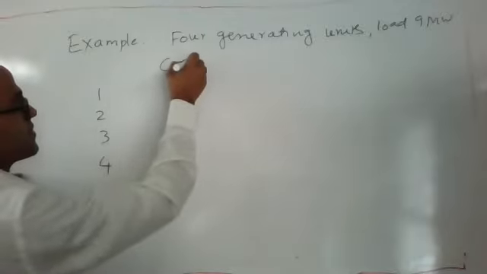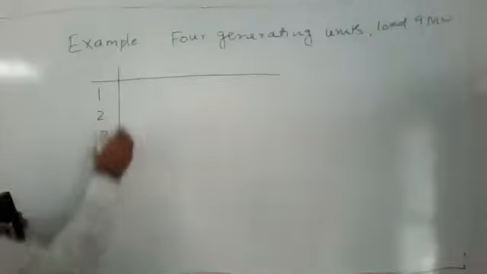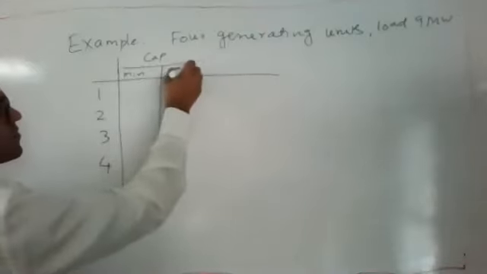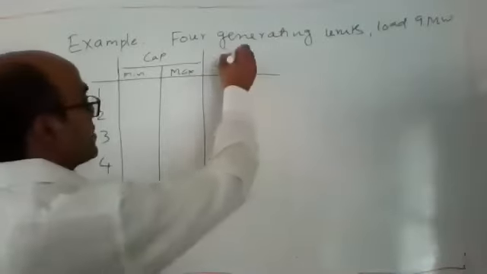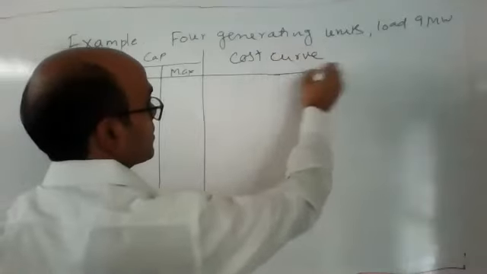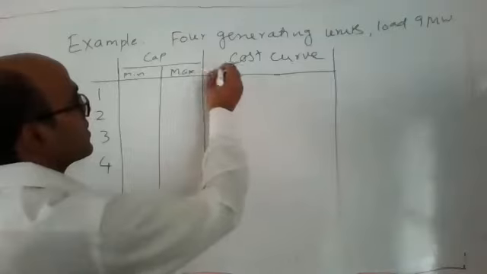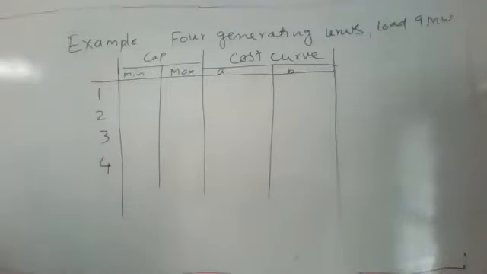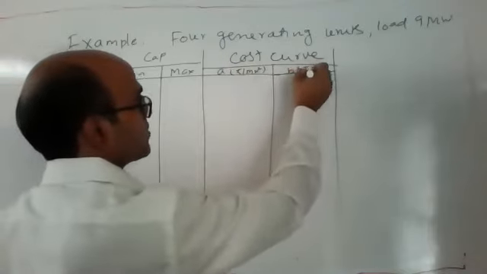Then the cost curve is also given, with constants A and B. A is in rupees per megawatt square and B is in rupees per megawatt.